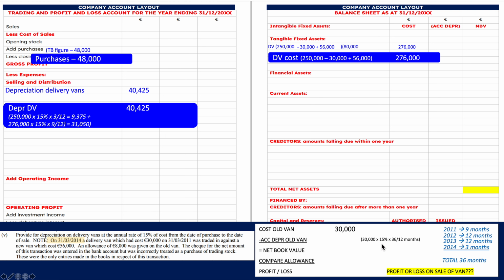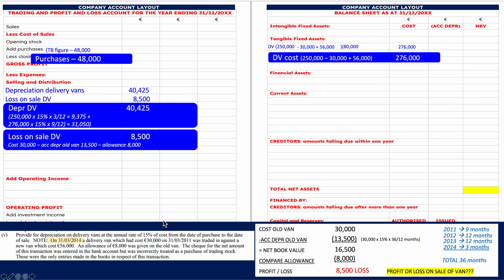So let's find out the accumulated depreciation there. So 30,000 by 15% by 36 over 12 is 13,500 accumulated depreciation, which gives us a net book value of 16,500. We'll compare it to the allowance of 8, and that gives us a loss of €8,500.